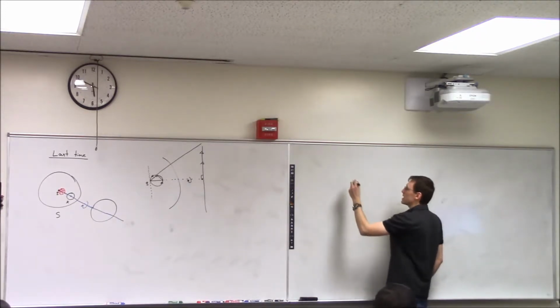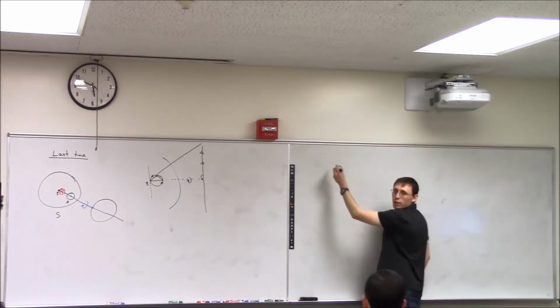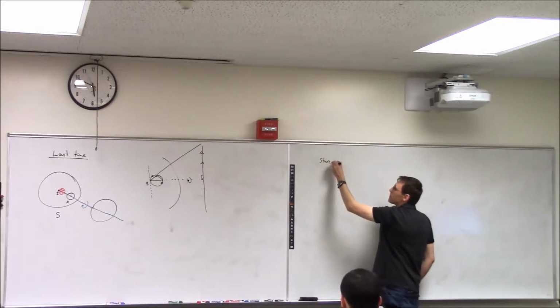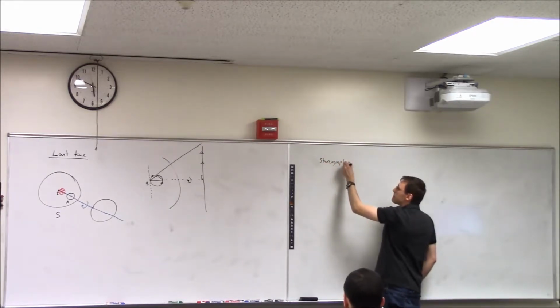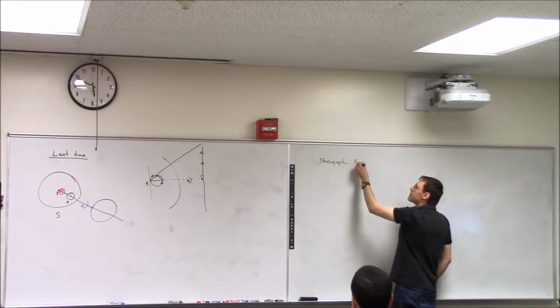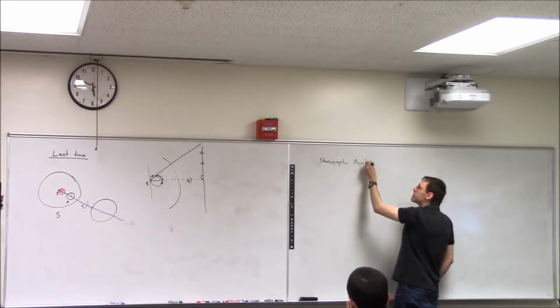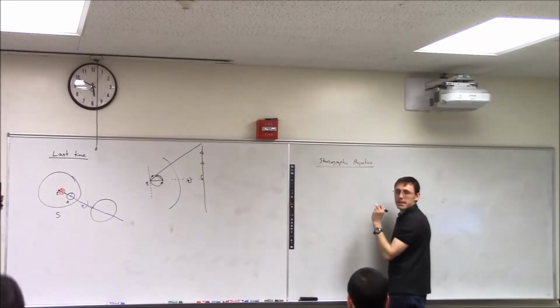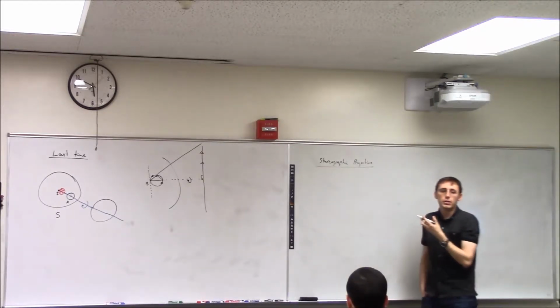You can make them all the same when you consider stereographic projection. You have to remove a point. So stereographic projection is giving you a new picture of the complex plane.